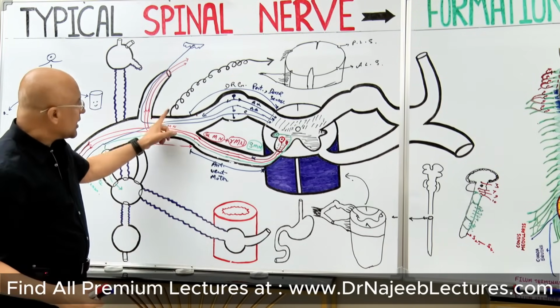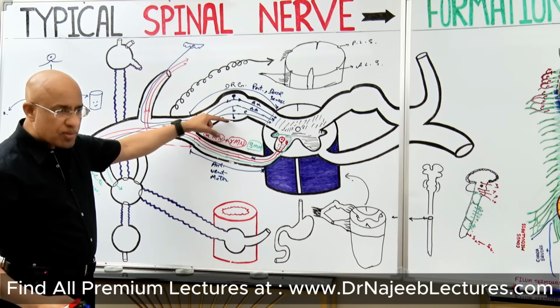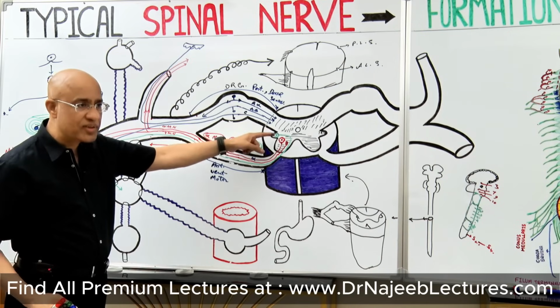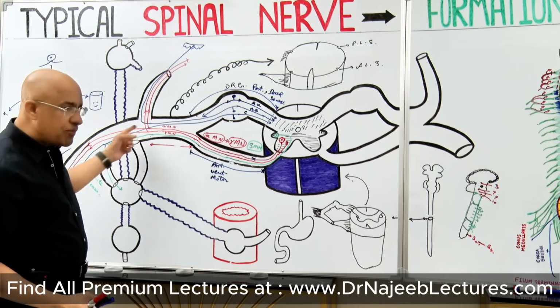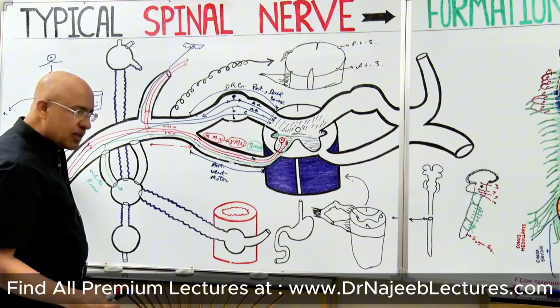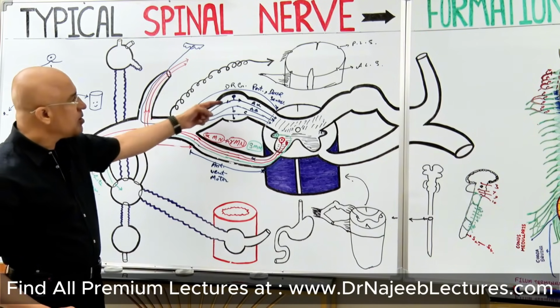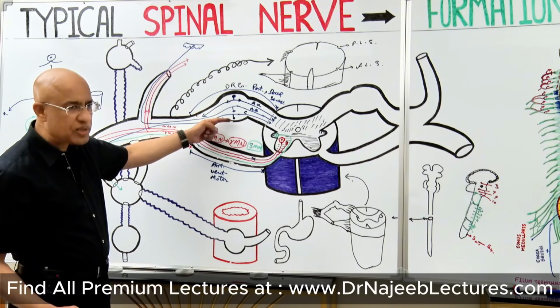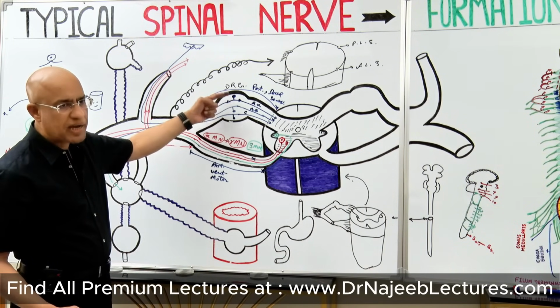So again, different fibers, but all fibers have their cell bodies here. All fibers have central process and peripheral process. Peripheral process is connected with the receptors and brings different types of sensations, and different fibers have different velocity of conduction, right, because of different degrees of myelination.